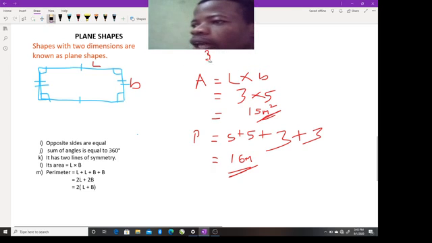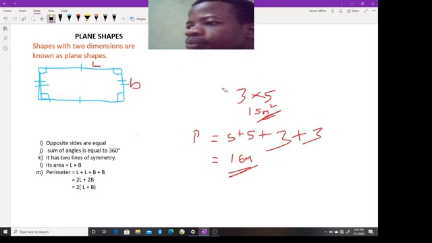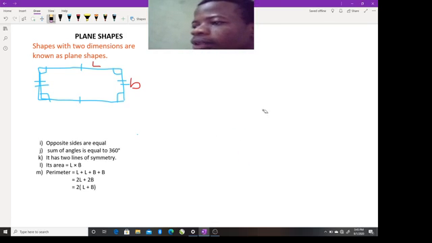Let's consider a parallelogram. Parallelogram will always look this way.